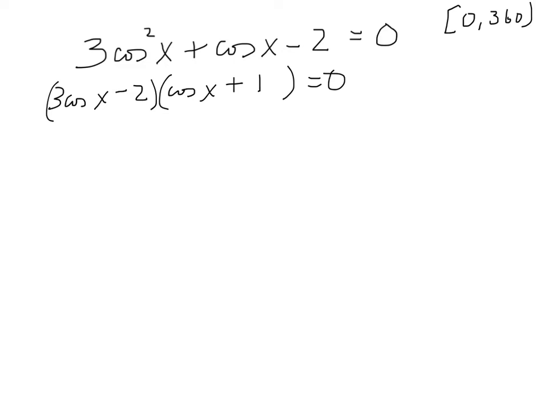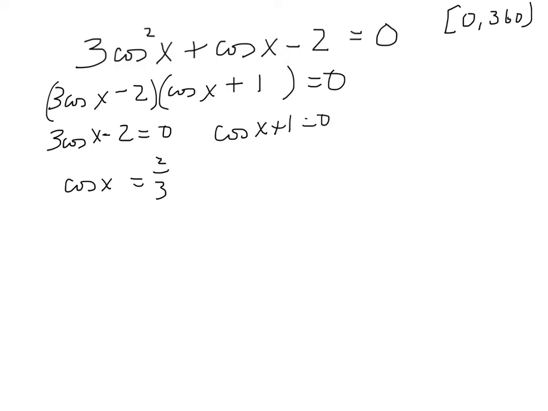And when I set this equal to 0, I'm going to end up with a cosine ratio. I'm going to take the negative 2 to the other side, make it positive, and divide by 3. So I get a cosine ratio of 2/3. And then here, I'm going to get a cosine ratio, when I set this equal to 0, of negative 1.